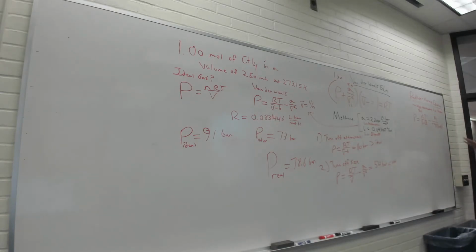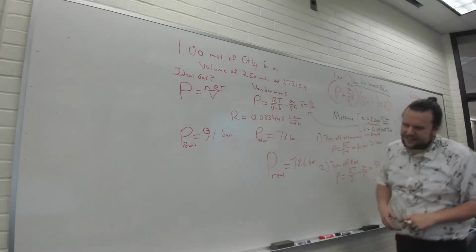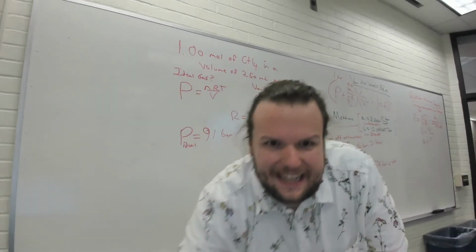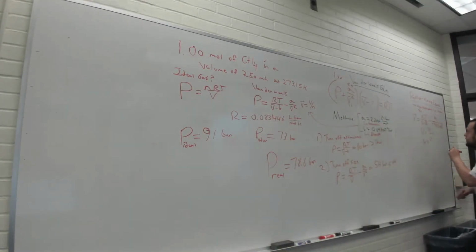All right, so it's a little more complicated. B has units of liters per mole, and A has units of liters squared per pressure per mole.